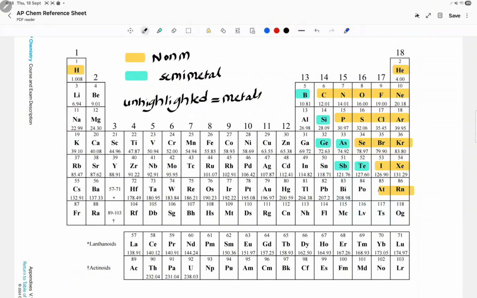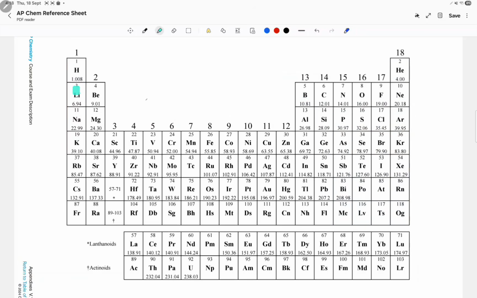Okay. So we can also tell this from the periodic table. Very good. What else can we tell? Let me show you. Group 1, with the exception of hydrogen, are called alkali metals. And they tend to lose 1 electron and they gain a +1 charge.